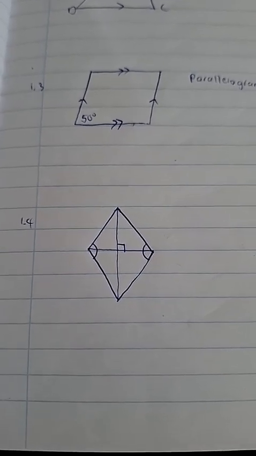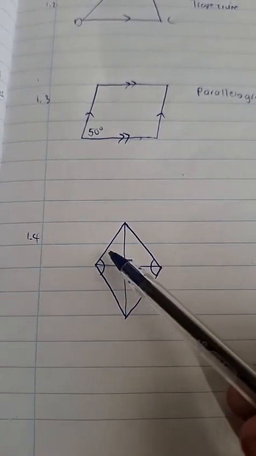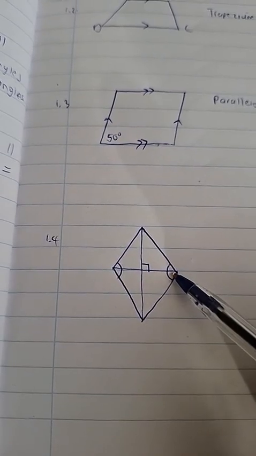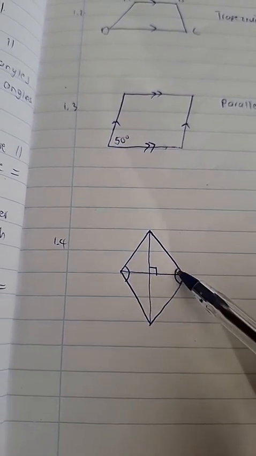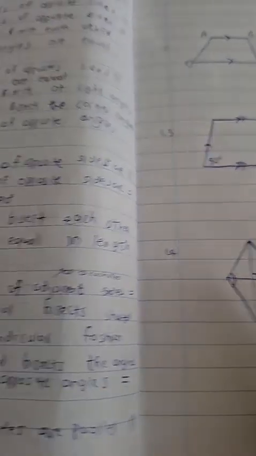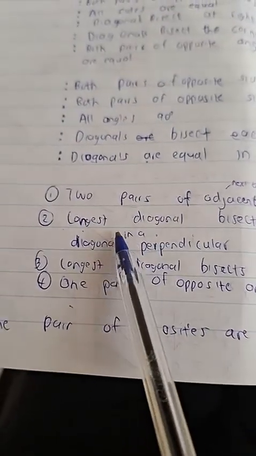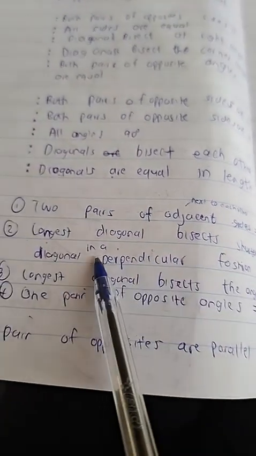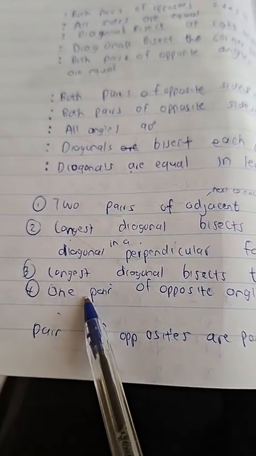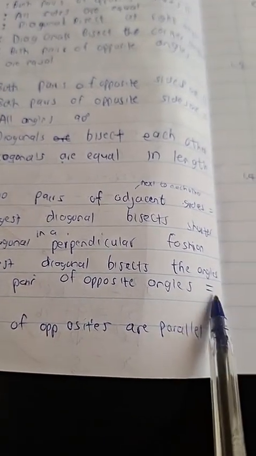So here, guys, hopefully we can see there's the long diagonal. This is the short one. And the opposite angles here are equal. If you remember from this shape, we learned that the longest diagonal in a perpendicular fashion bisects the shorter one, and we also know that there's one pair of opposite angles that are equal.